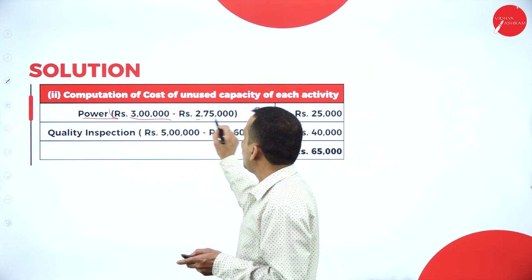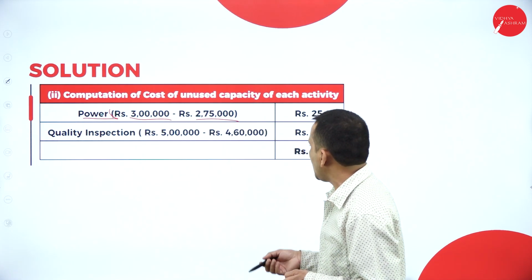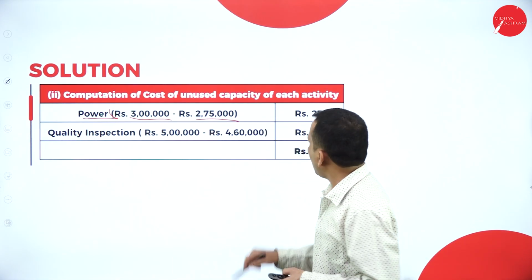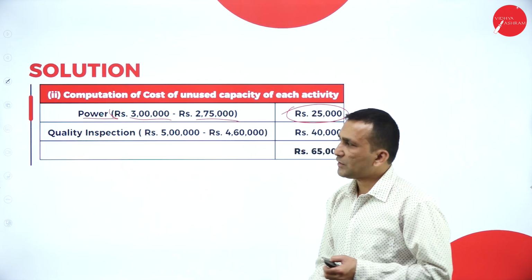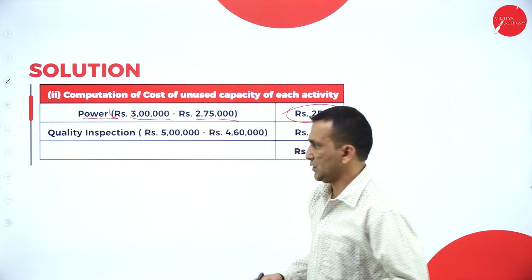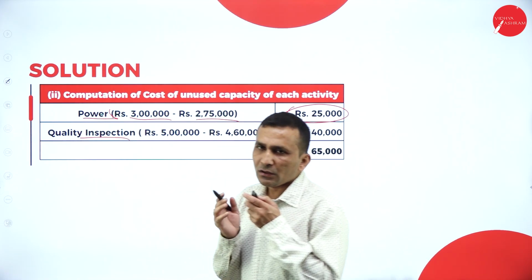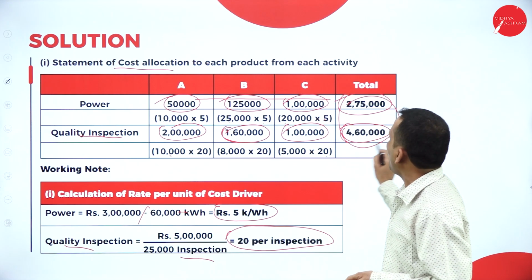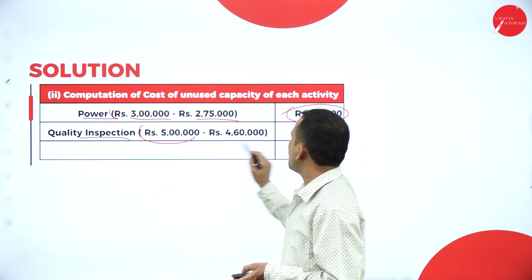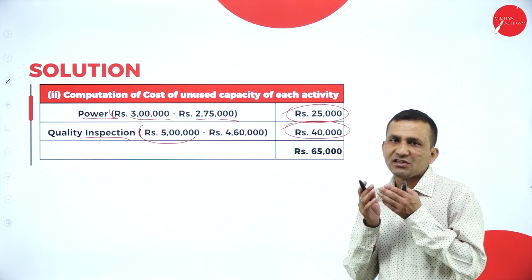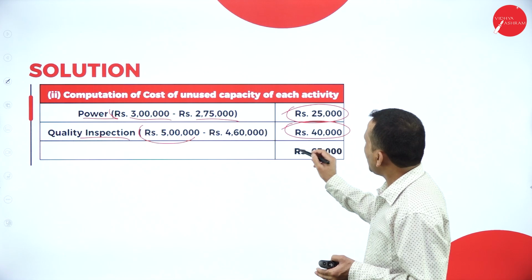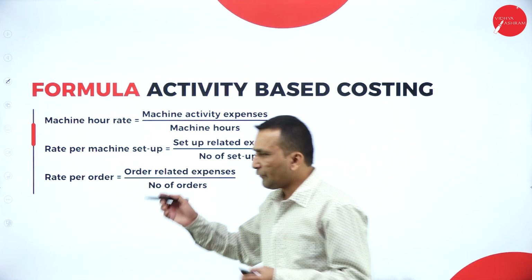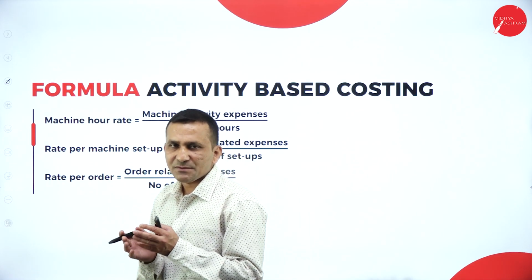From the 3 lakhs, if you subtract what we calculated just now, 2 lakh 75,000, the difference is 25,000, which is unused for power. Now for quality inspection, the value given in the question is 5 lakhs. We just calculated 4 lakh 60,000. If you subtract, the difference is 40,000, which is the unused capacity. Taking the total of the two activities, unused capacity is 65,000.